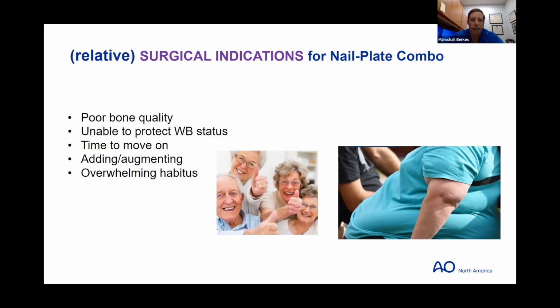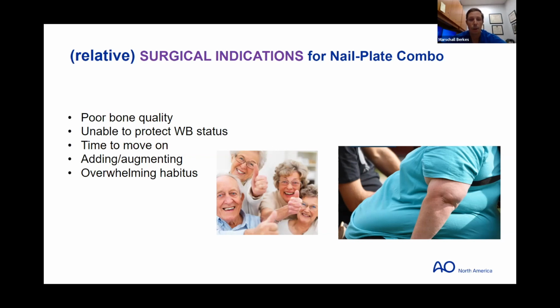Additionally, if they're larger and it's just, again, simple mechanics, you may not have much confidence in a single implant, particularly if the fracture is comminuted in conjunction with the bone quality issues.